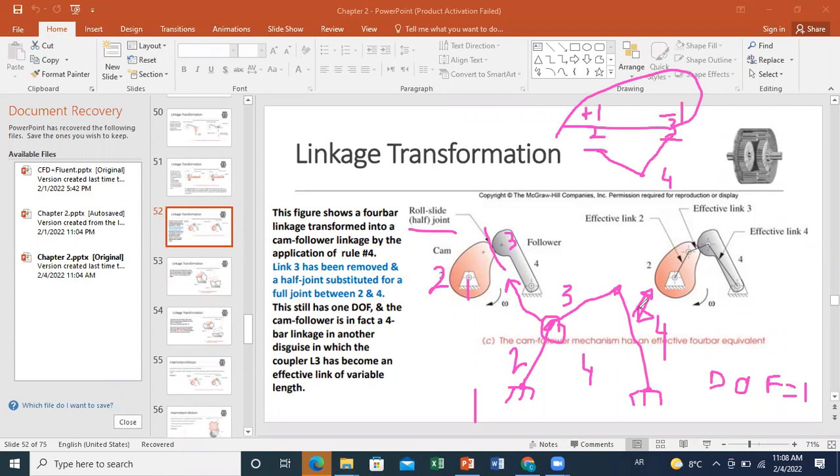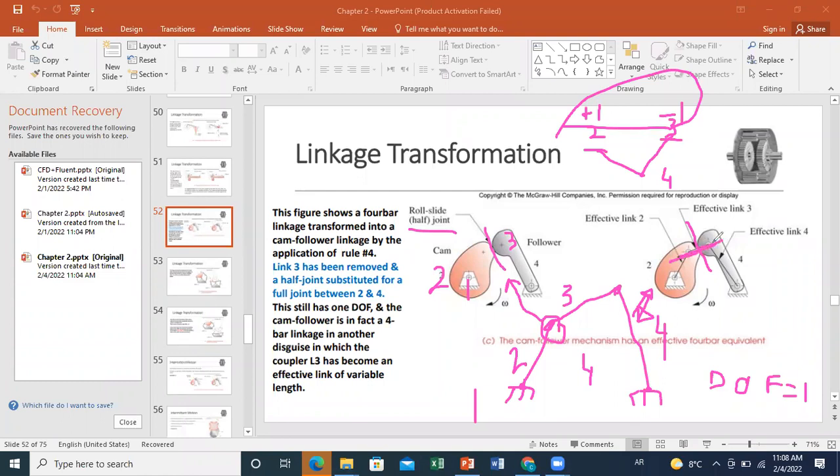Okay, so for example, if you look at the figure here, what do you have? Because of the contact line between cam and follower, you have a force that will be transmitted perpendicularly to this contact line. You know that for any 2 surfaces in contact, you have a transmission of force in the perpendicular direction to the contact line.